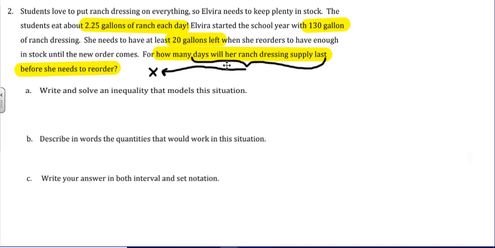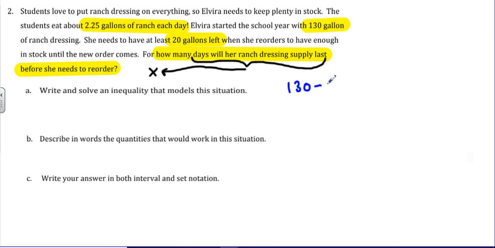To start my inequality, I'm going to start with the amount of ranch dressing that Elvira has currently. She has 130 gallons. From there, the ranch is going to be continually used, so we're going to subtract from 130. She starts with 130, and then we're going to decrease it to keep up with how many gallons of ranch dressing she still has.